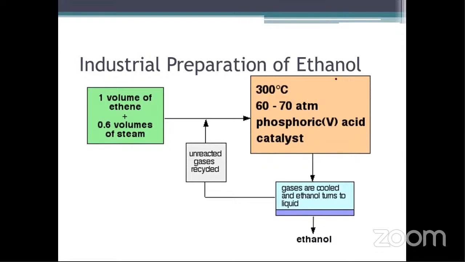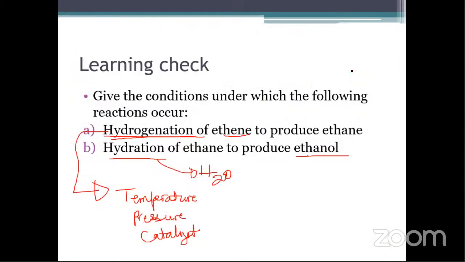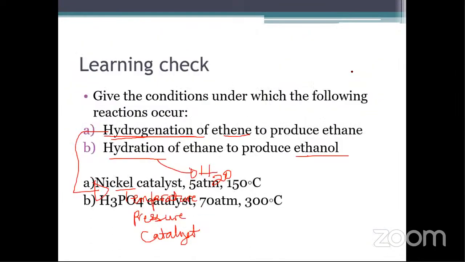Temperature, pressure, and name of the catalyst. 300 degrees Celsius is the temperature, and the catalyst is phosphoric acid, and the pressure is 60 to 70 atmosphere. Very good. And you need to memorize those, because sometimes they come up on the exam.